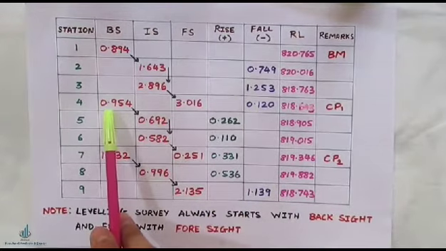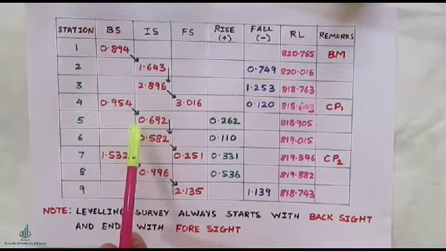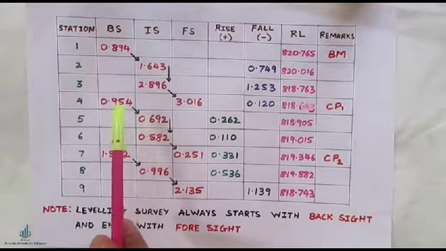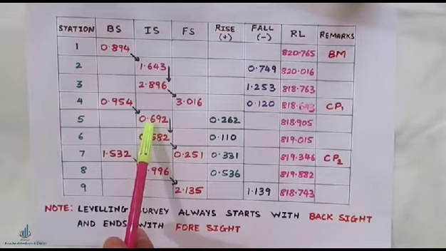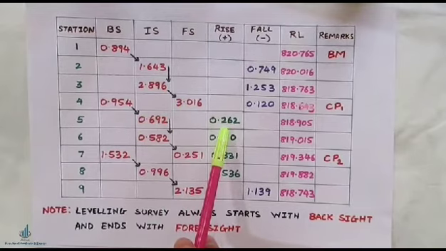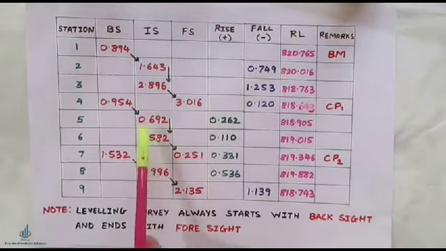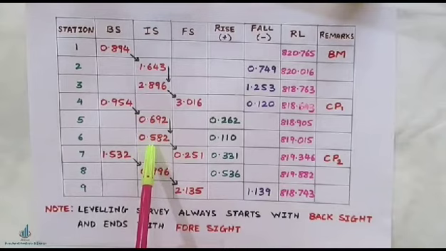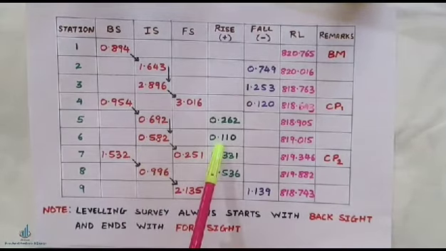Next two readings, 0.954 minus 0.692. Now this is from bigger to smaller, so it becomes positive, so it comes in the rise column, 0.262. Next two values, if you subtract, you will get a positive value, that is 0.110, so obviously in the rise column you have to write it down.